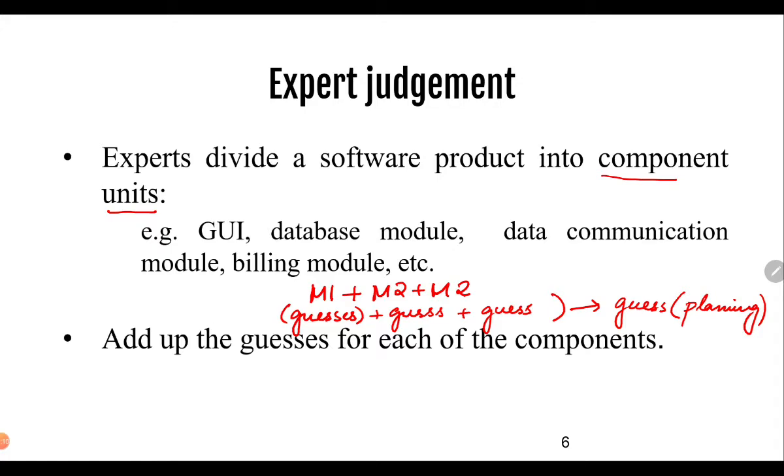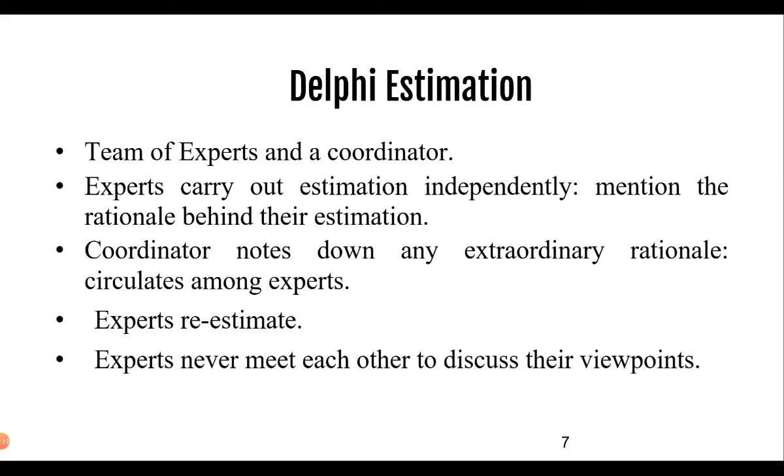However, this is not always correct, as already discussed, since it goes for a toss whenever the biasness comes into the picture. Now talking about Delphi estimation, as already discussed, it will try to overcome the major drawback of the expert judgment technique.